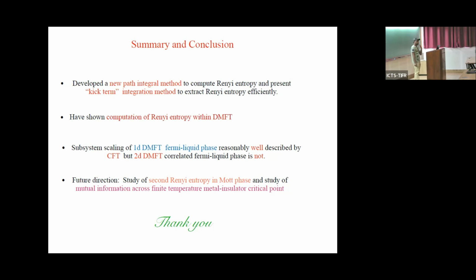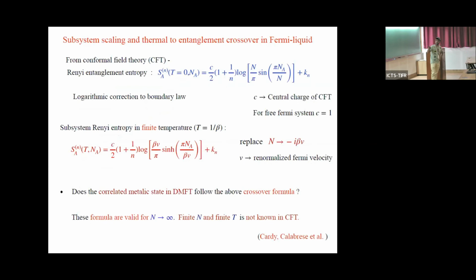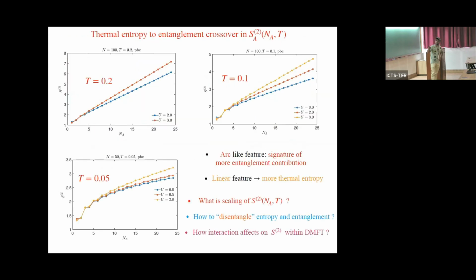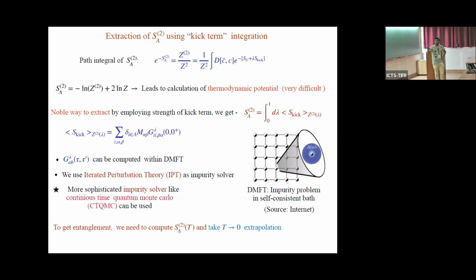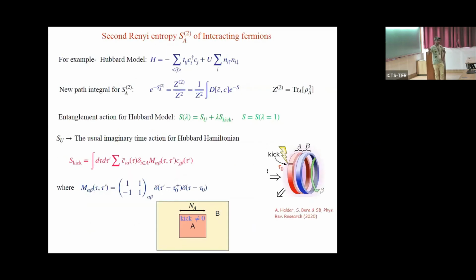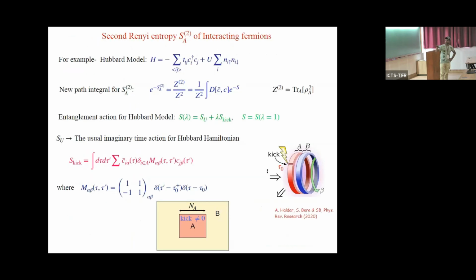I just have a clarification on the slide that you showed, this expression for the S-kick. Why is it local in space? I did not understand that. Why is it only in the A subsystem?